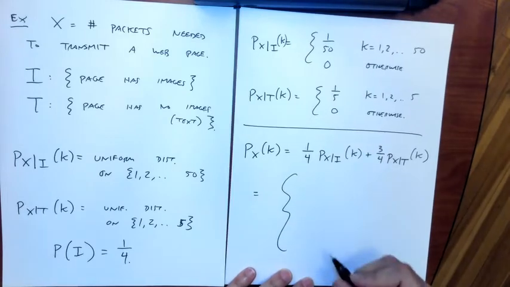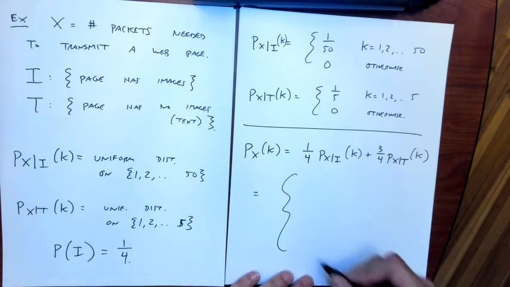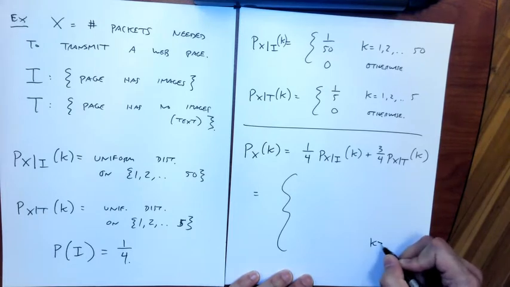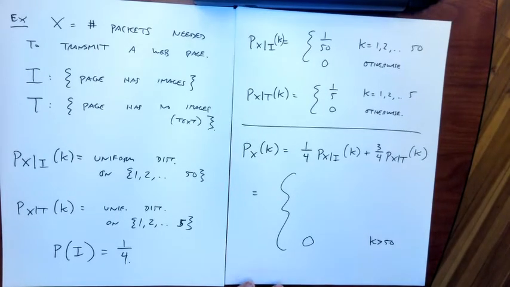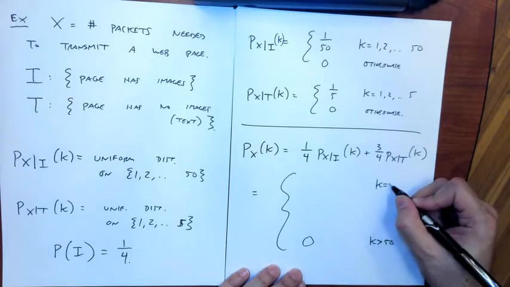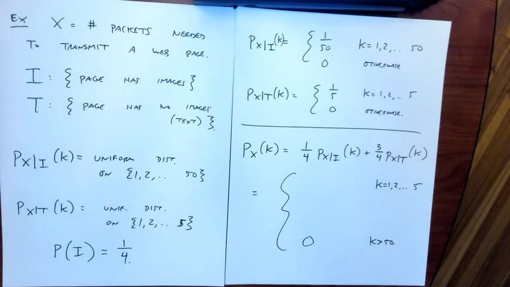Well, I know it's going to be a number between 0 and 50, right? So certainly for k greater than 50, I have no probability of that happening, right? For k between 1 and 5, there are basically two ways that can happen.